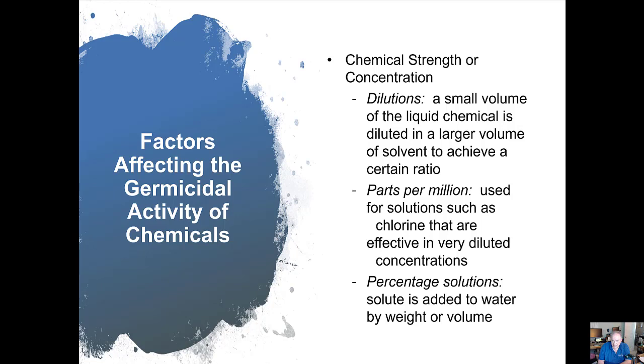The chemical strength, dilutions, a small volume of liquid is diluted in a larger volume, and like chlorine, I use Clorox and I dilute it in parts per million, and it's a very effective spray. That's usually what I use if I travel anywhere right now. If you want to be 100% guaranteed to kill whatever it touches, a Clorox solution will do it.